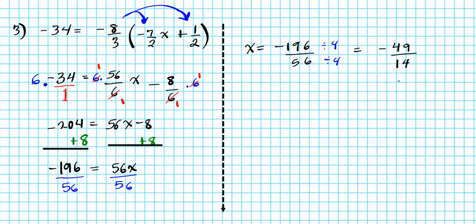Okay, now it looks like we have multiples of 7 here, so let's reduce further, divide the numerator by 7, and then the denominator by 7. And then your final result, you have negative 49 over 7 is just negative 7. And then 14 divided by 7 is 2. Okay? So our answer, x, is negative 7 over 2 for problem number 3.